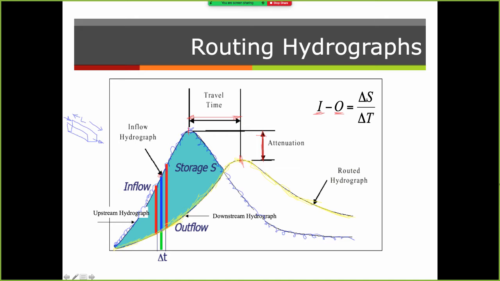And so the change in storage is going to be the height of that red bar minus the height of that red bar, so there should be a little bit of difference there, divided by this time interval, delta T. And that provides the right-hand side of this expression. And if we look at that, we see that that's the hydrologic balance equation that we had earlier in the class.